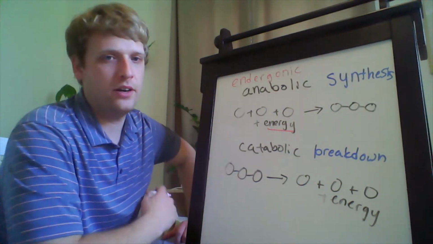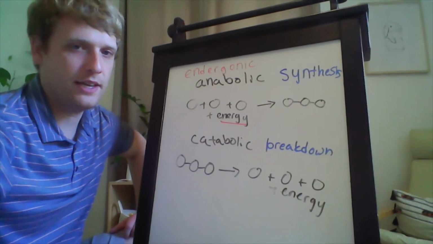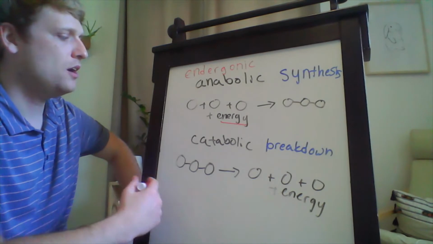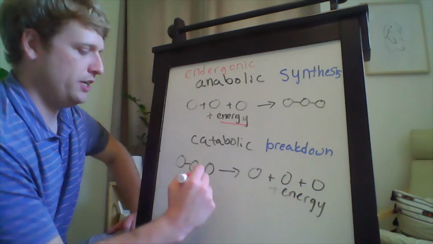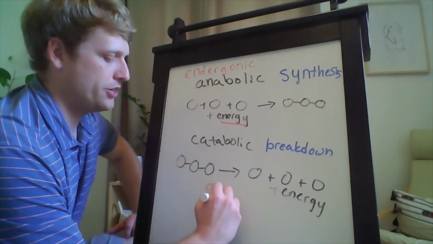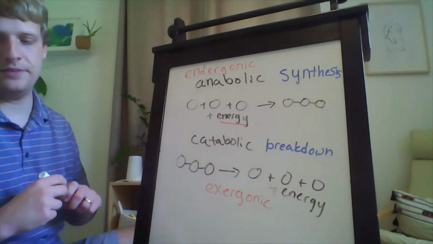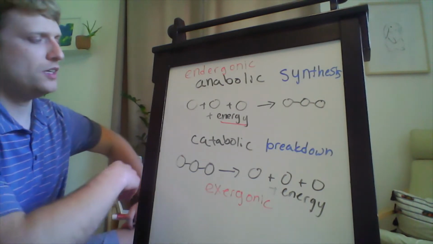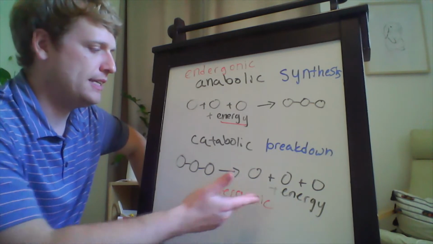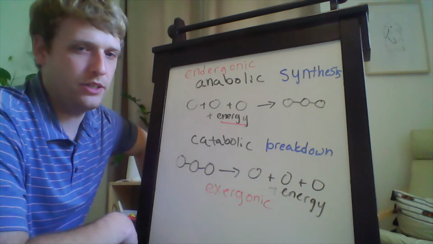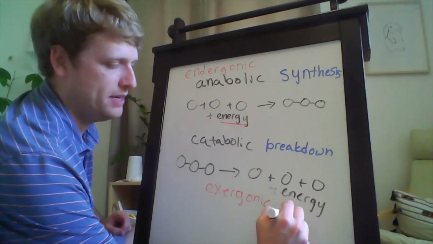They require the input of energy in order to make those reactions progress. Whereas catabolic reactions are going to release energy, and those types of reactions are called exergonic reactions. And when you release this energy, that energy is oftentimes going to be stored in the form of ATP.